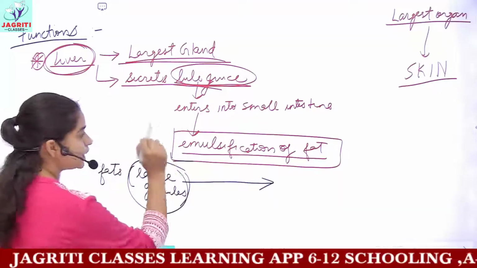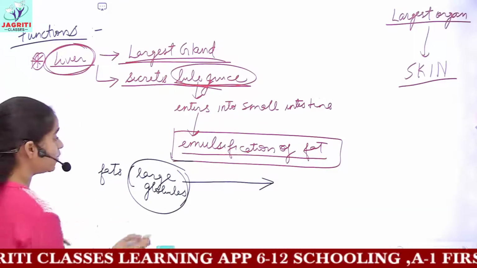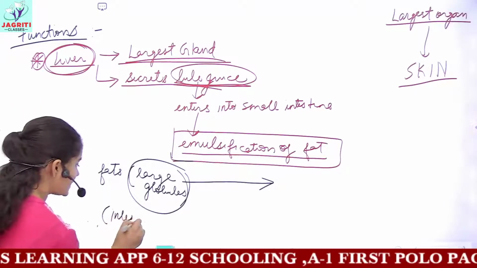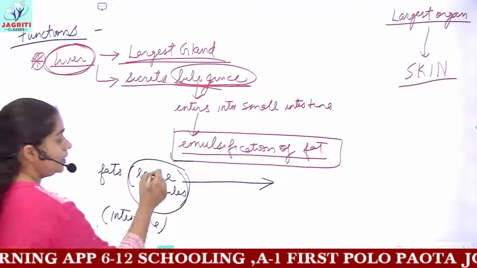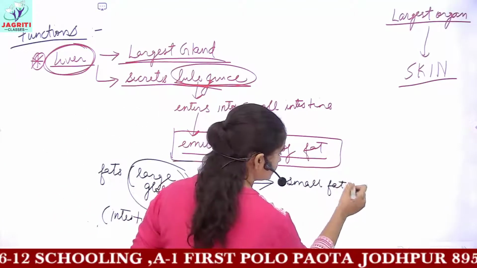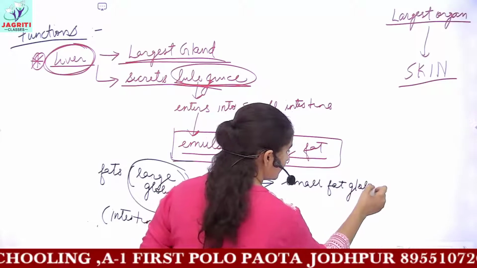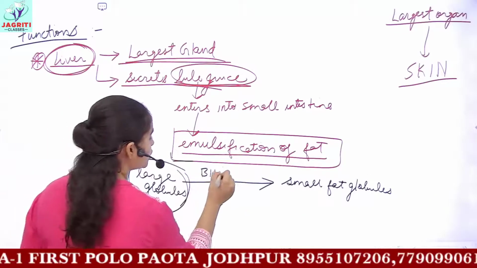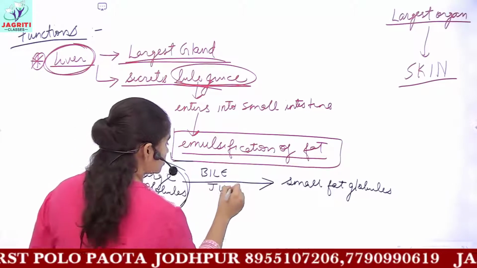So emulsification of fat is the conversion of large globules of fat present in your intestine into small fat globules, and this conversion is done by bile salts, or bile juice.